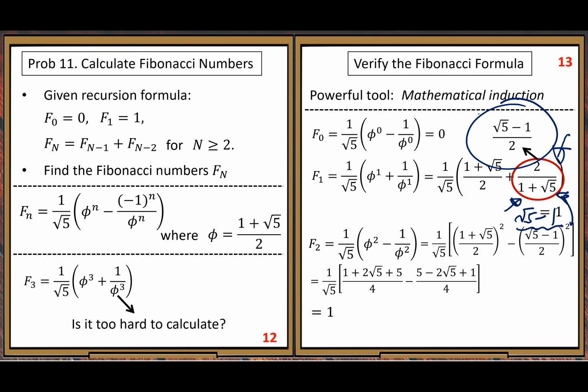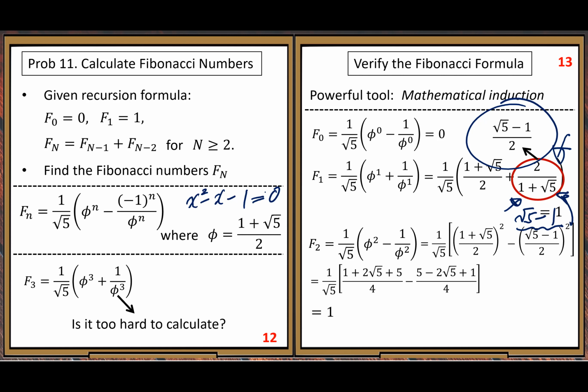How do we get the golden ratio? It comes from the original quadratic equation, x squared minus x minus 1 equals 0. That means if you plug in phi, it is true.